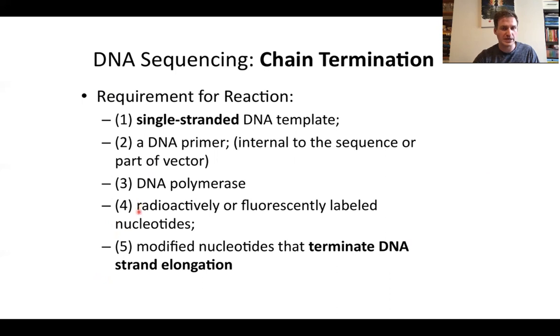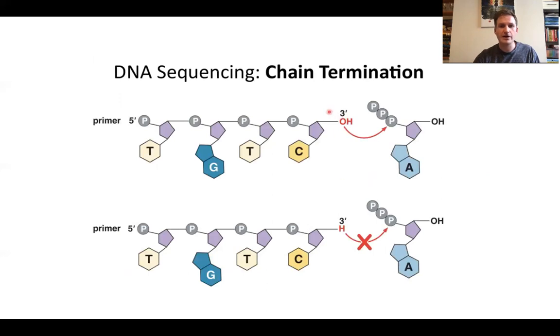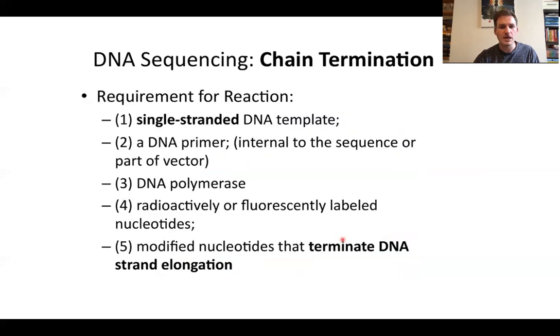But the fifth component, so all of these are more or less very similar to a typical PCR reaction, the fifth requirement is modified nucleotides that don't have that oxygen, that hydroxyl group. So you need a small proportion of nucleotides that have just a hydrogen at the end. And those modified nucleotides will terminate the DNA strand from elongating.